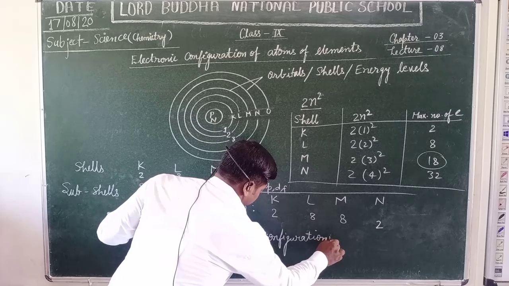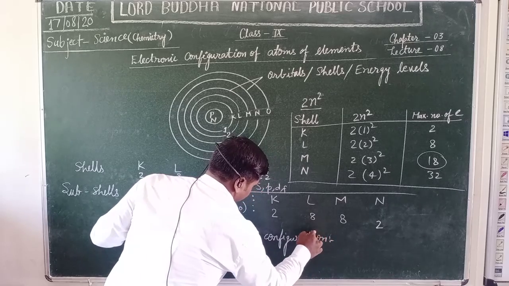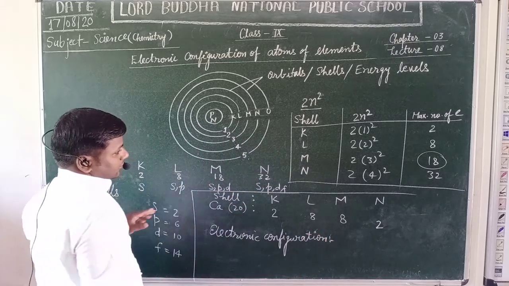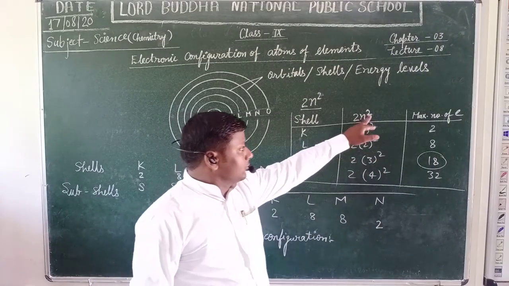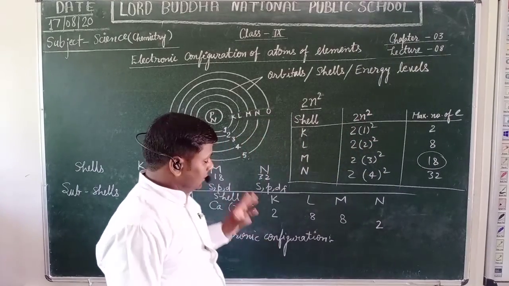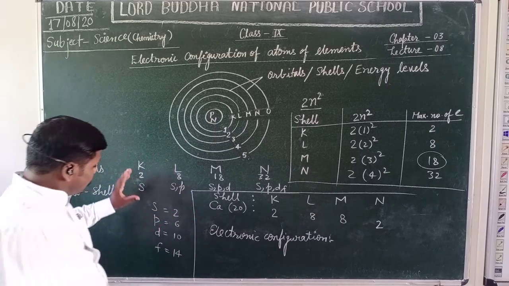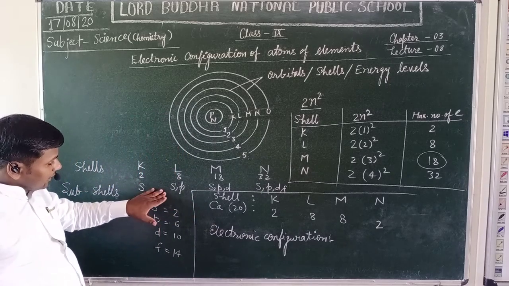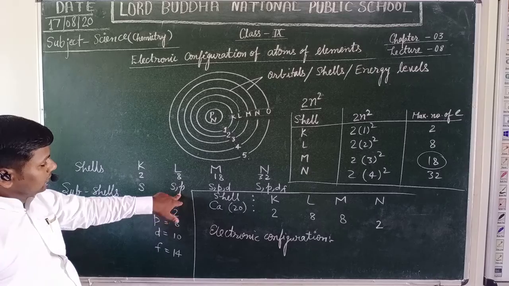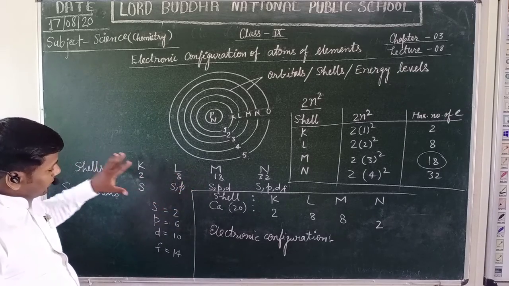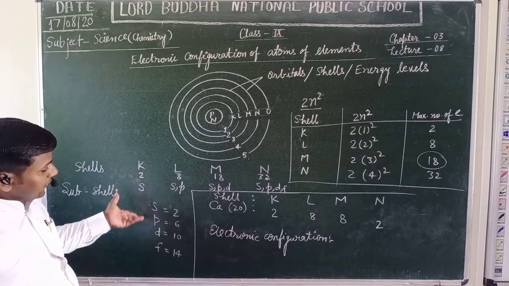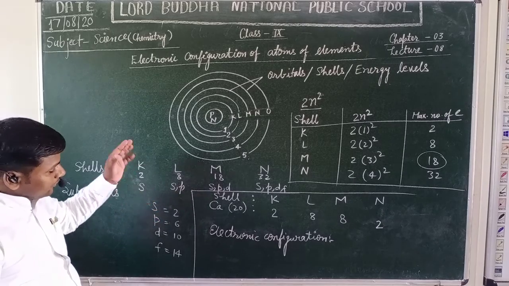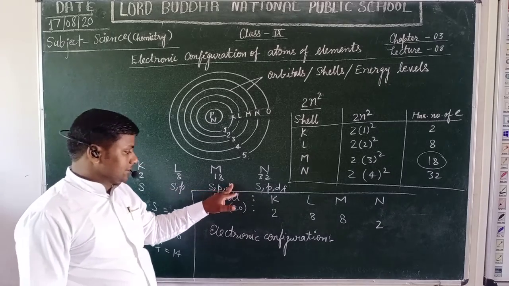It is not necessary to fill the number of electrons in the shell as mentioned in the formula 2n square. The smaller subshells are filled first in the electronic configuration of each and every atom. After that, the electrons are further filled into the higher subshell.